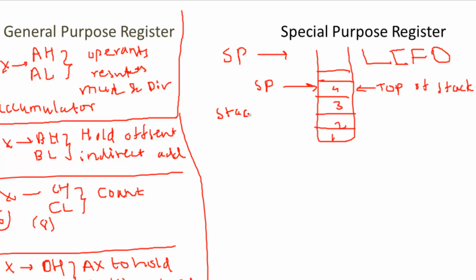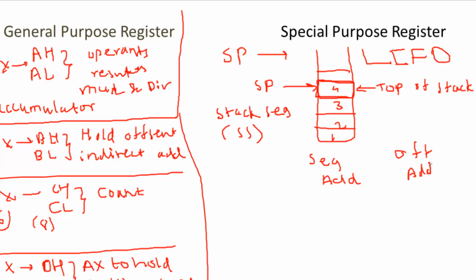Stack is present in the stack segment, which is shown by the SS register. To calculate the physical address of this 4, we need the segment address, and second thing we need is the offset address.